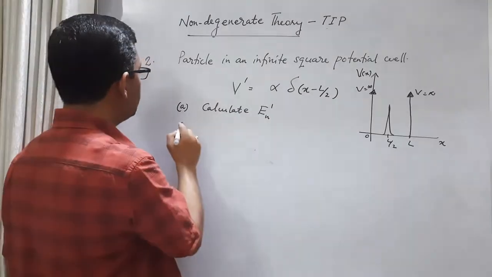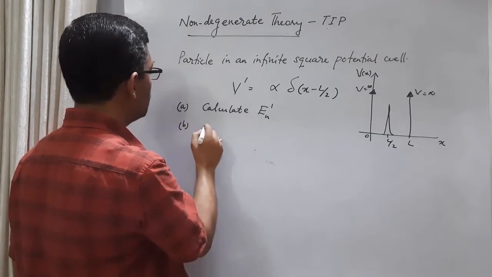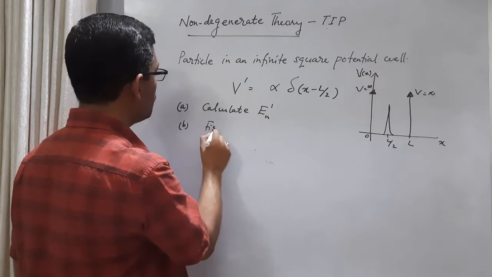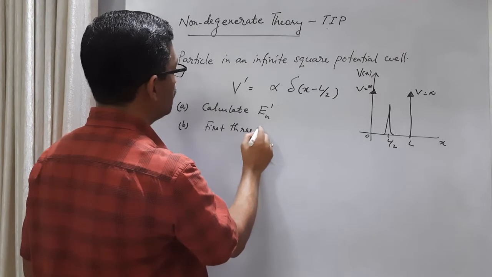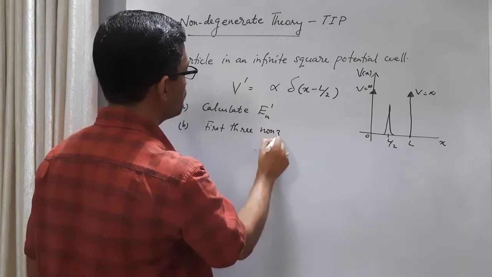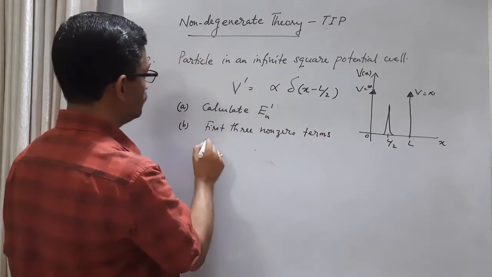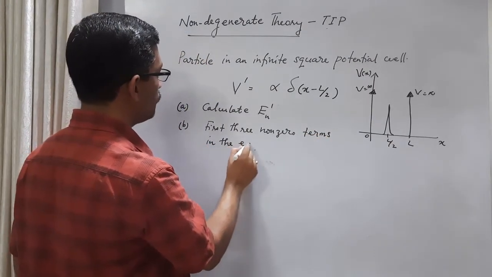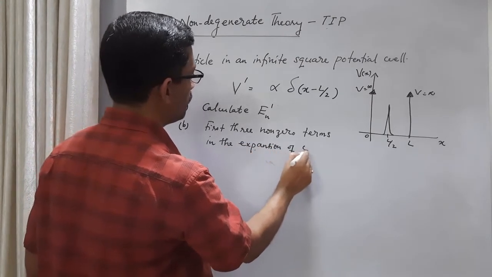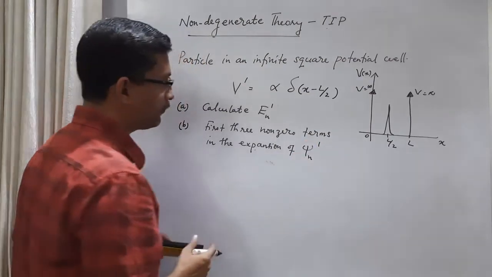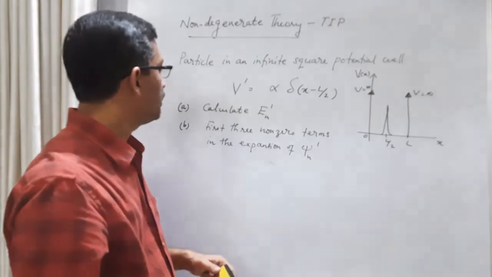Okay, and secondly, we want to calculate the first three non-zero terms in the expansion of psi n1, where psi n1 is, as you know, the first order correction wave function.